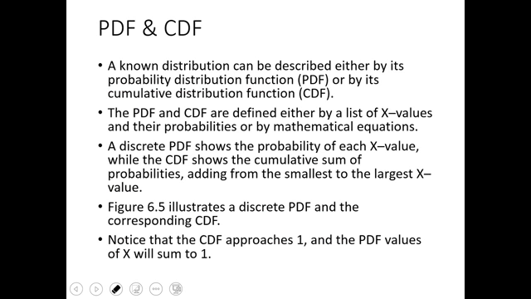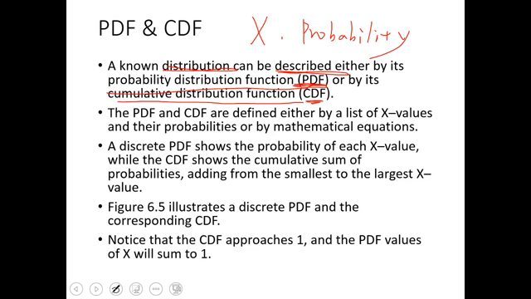With a probability distribution, all random variables go together with probabilities. This distribution can be described by the probability distribution function, PDF, or the cumulative distribution function, CDF. PDF and CDF classify the property of a random variable x.